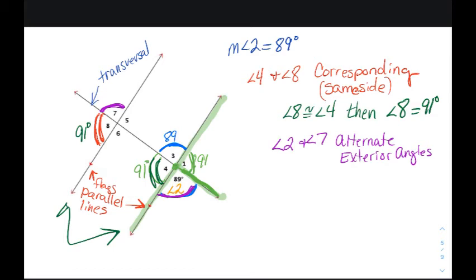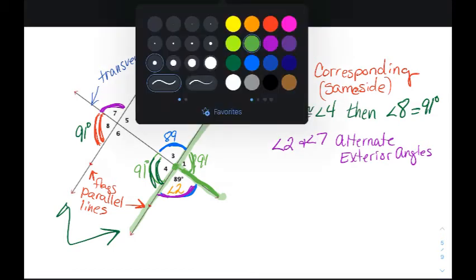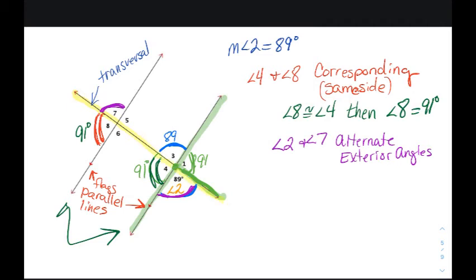Well, let's think about it. We have a transversal, right? We have this transversal that's running down, crossing over our two parallel lines. And we can see that 2 and 7 are on the outside of these two parallel lines. But you'll also notice they alternate sides. So they're alternating sides, and that is where this alternate comes from. They alternate sides of our transversal, but they're outside of the parallel lines.